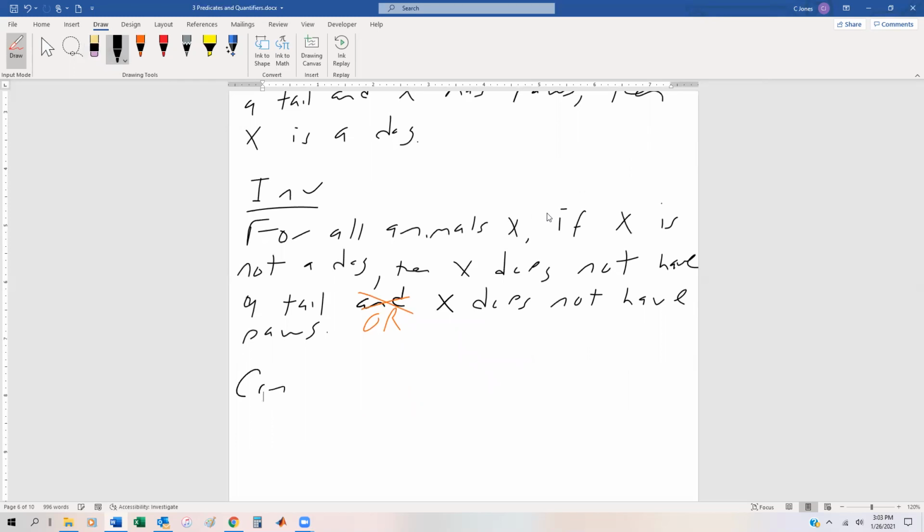For the contrapositive, we have to do the same thing.